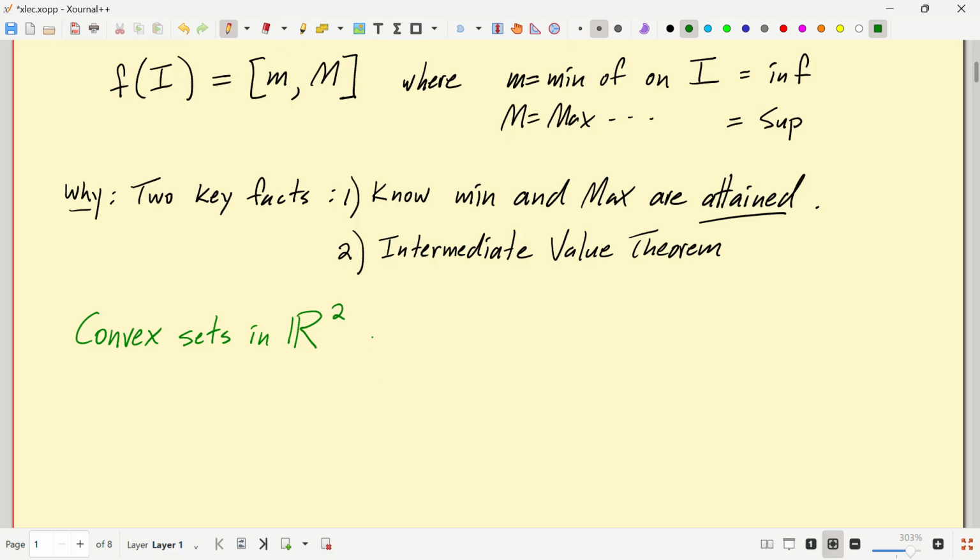So a convex set in R2 is a set such that, give me any two points, A and B, in the set, then the line joining A to B is also in the set.